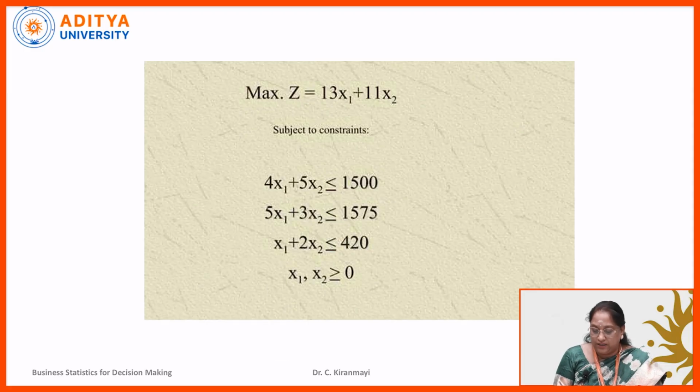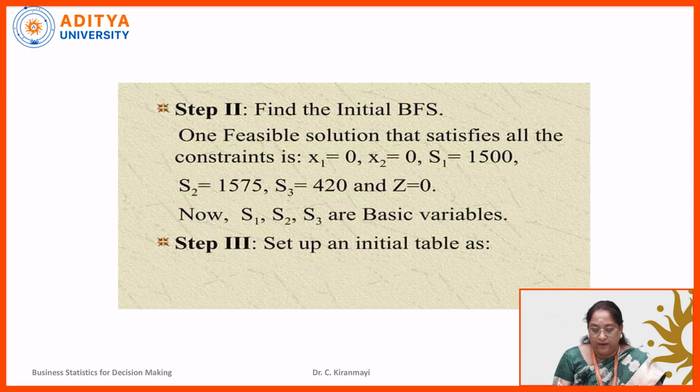To obtain the initial solution, we substitute x1, x2 as 0 in the objective function. When we substitute x1 and x2 with zeros, we obtain the initial solution for the variables.